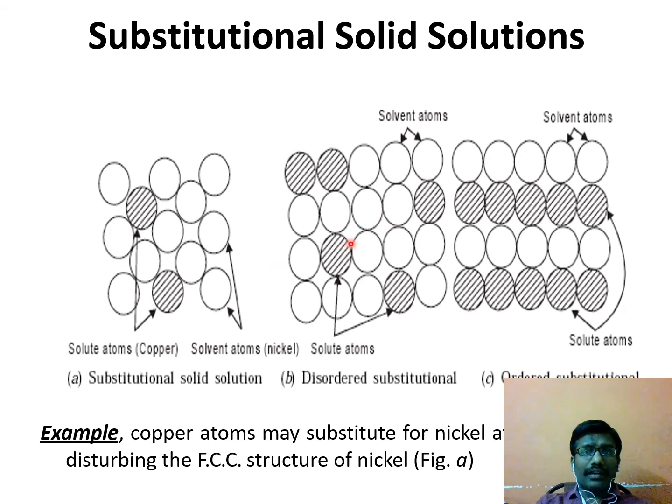Now in disordered, the solute atoms occupy randomly. Now we can see the ordered, where it is in a definite order. All copper atoms occupy in a definite order. These are all the nickel atoms.